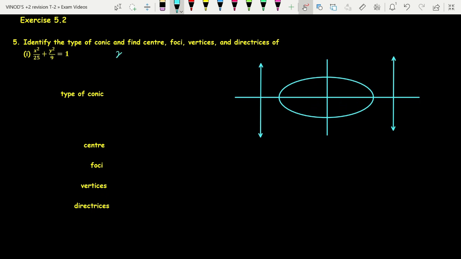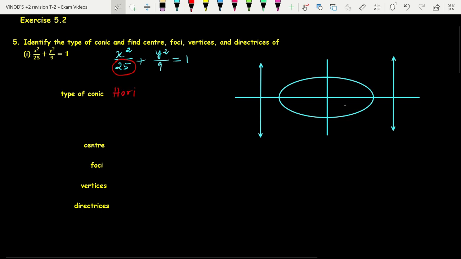Given equation is x square by 25 plus y square by 9 is equal to 1. Since x square denominator is greater, it is a horizontal ellipse. Type of conic is horizontal ellipse, or just you can write ellipse.